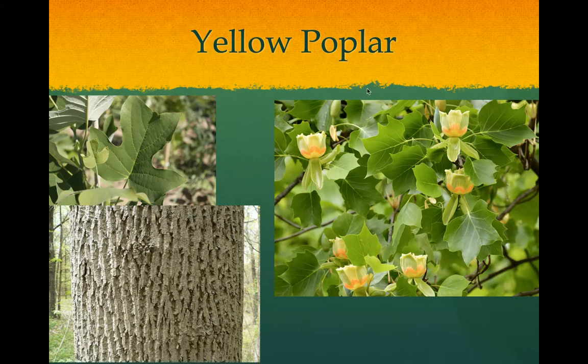I see these more as a light greenish flower, with orange and yellow on the bottom, but they do have these tulip-looking flowers. Then there's that very distinctive leaf shape you see on a yellow poplar, and deeply furrowed bark with a light gray color. These are very, very common in this area.